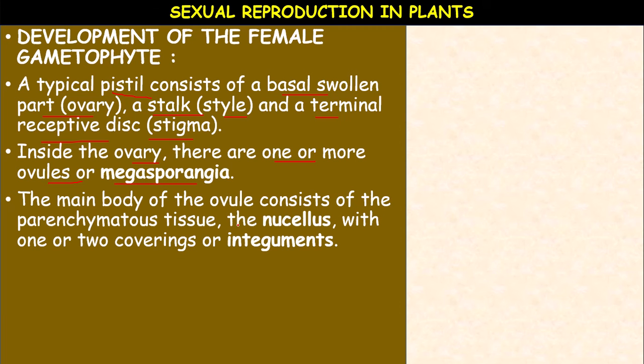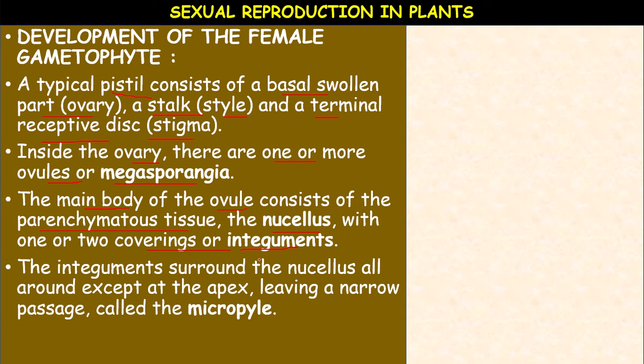The main body of the ovule consists of parenchymatous tissue, the nucellus, with one or two coverings called integuments. The integuments surround the nucellus.